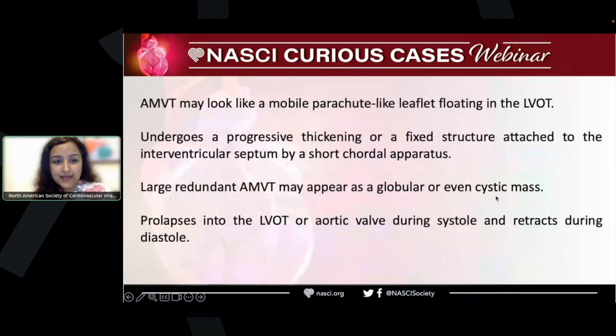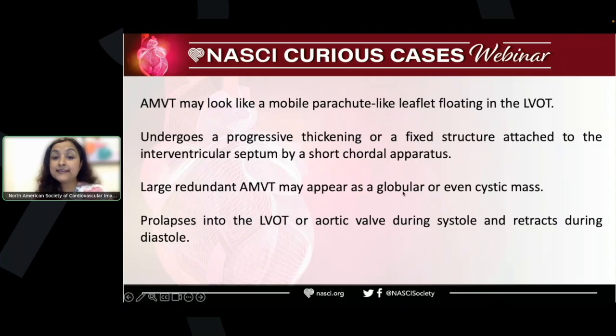It may look like a mobile, parachute-like leaflet because it's an accessory valvular tissue. If you excise this tissue, you will see the myxomatous valvular tissue that is seen in a normal mitral valve. It undergoes progressive thickening over time due to hemodynamic effects and can cause stenosis of the left ventricular outflow tract.